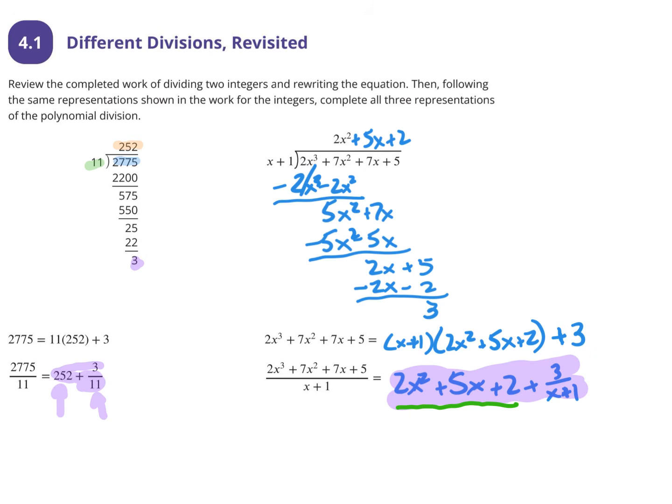The degree in the denominator is higher than the degree in the numerator, so as x gets very large, that term goes to 0. So our asymptote is not a horizontal or vertical. It's actually a slanted line at 2x squared plus 5x plus 2.